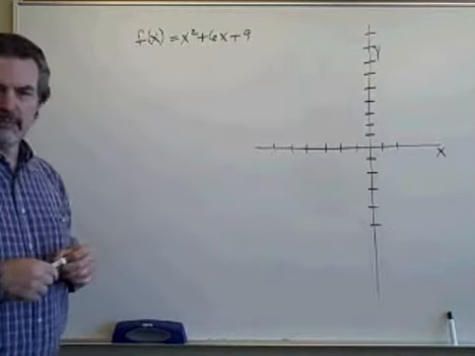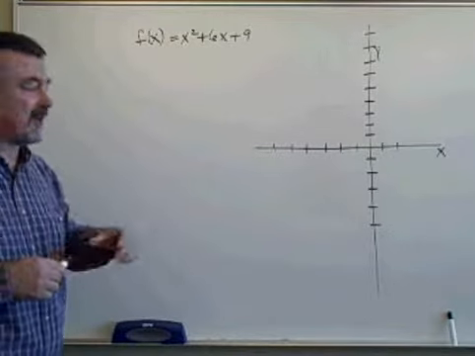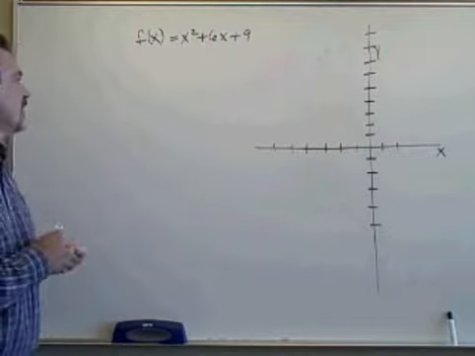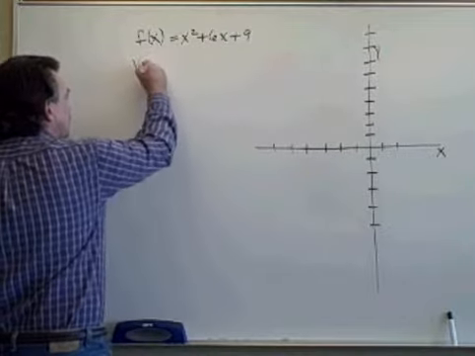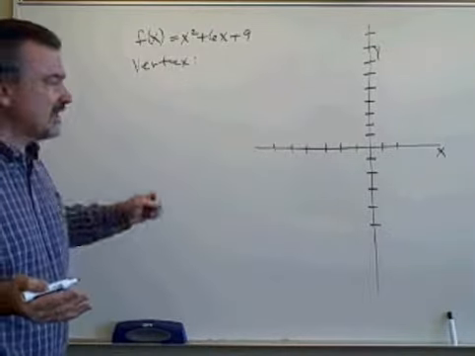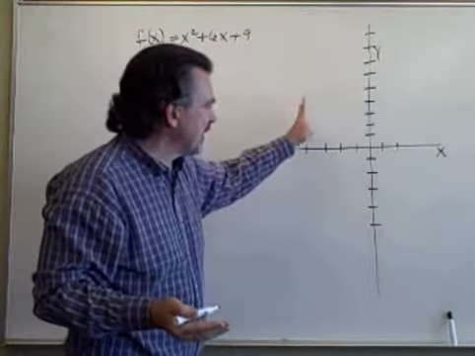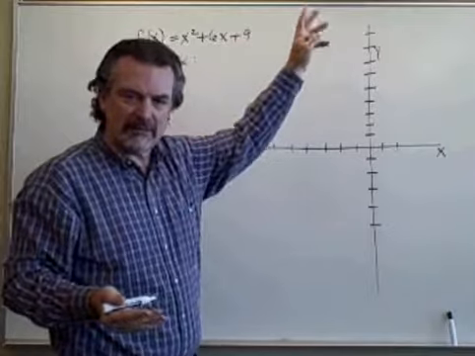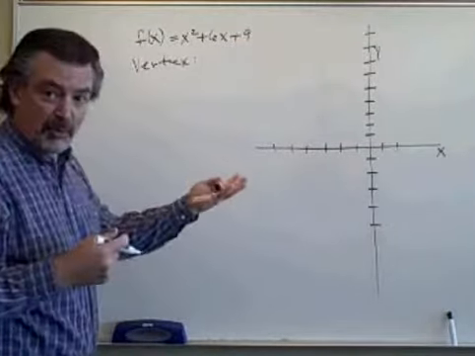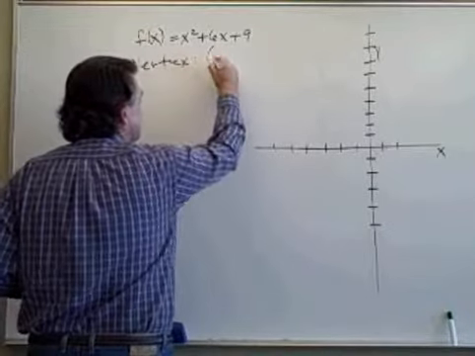The first piece of key information we want to find from the equation is the vertex of the parabola. The vertex is, again, that turning point. It's where the parabola comes down, turns, and starts back up. The vertex is just a point, so it's an ordered pair.